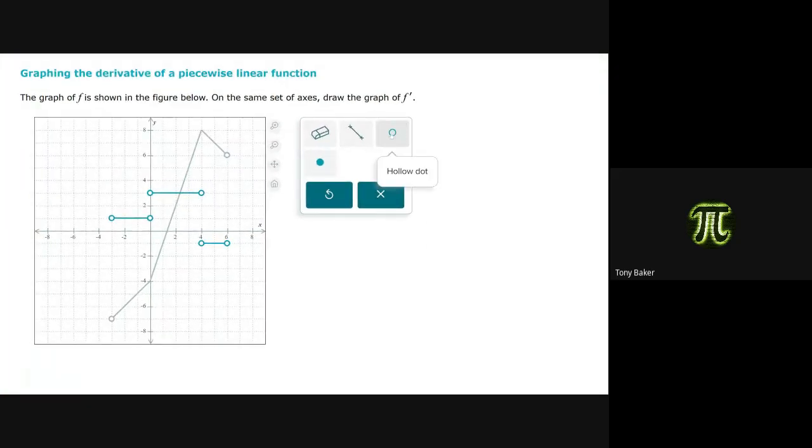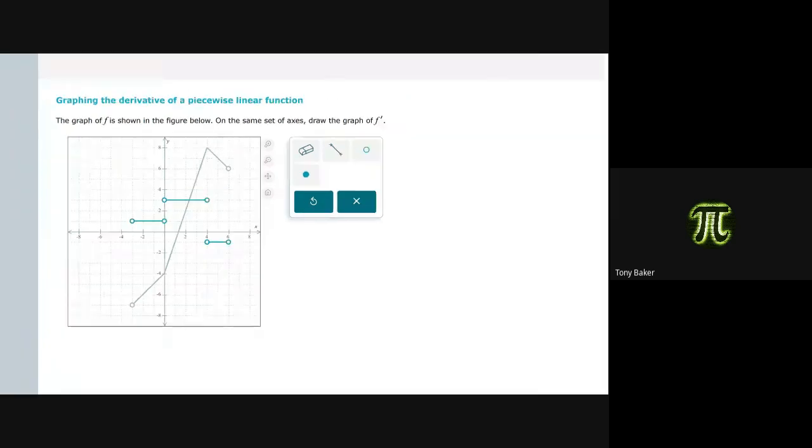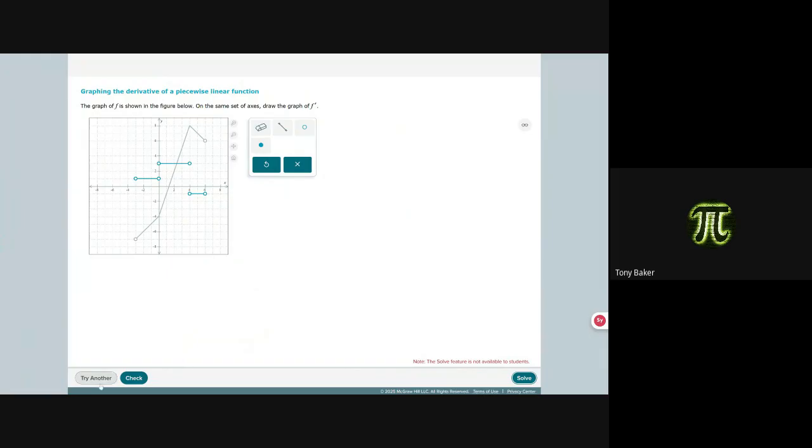And notice they're all hollow dots because they jump. The x's have to match, though, with those changes. So notice that right here, it starts at -3 and goes to 0. This one goes from 0 to 4. This one goes from 4 to 6. So those line up. We got a nice graph in this one.